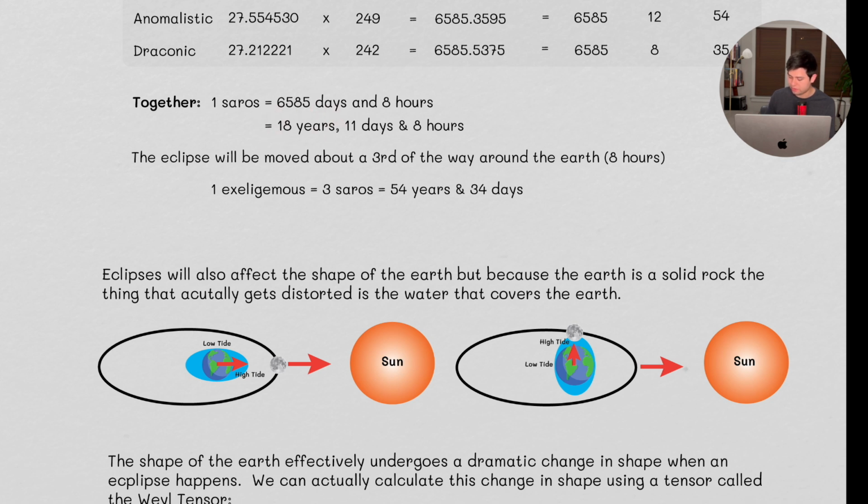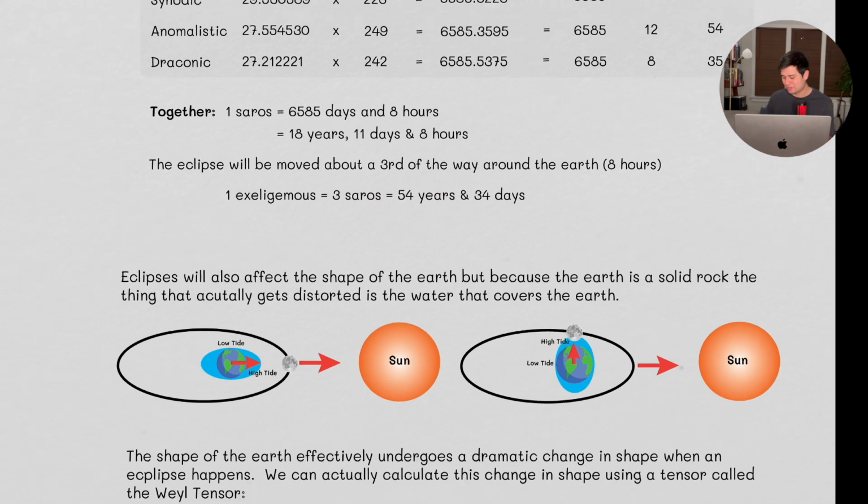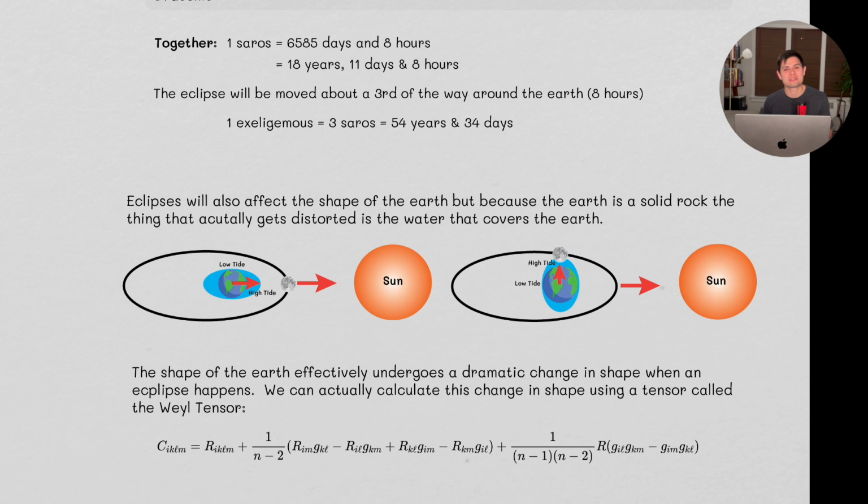Multiply this all by 3, we get 54 years and 34 days. So if you want the eclipse to show up at the exact same spot, what you'll find is that this is roughly 54 years and 34 days away. And that's what we'll be experiencing on Monday, which is why many of these solar eclipses are once-in-a-lifetime things.